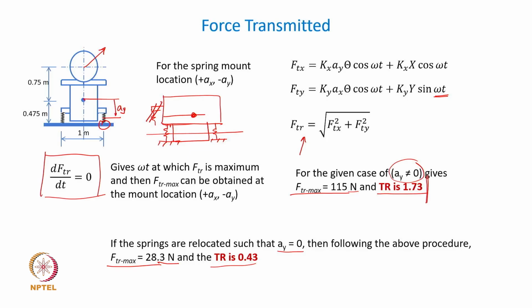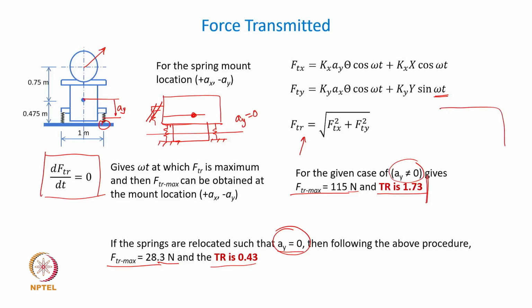Instead of holding or supporting it there, which becomes practically infeasible, you shift the CG by attaching heavy mass, and then you bring Ay equal to 0 in this case. Okay. So, mathematically this is the ideal situation. Practically you can bring it as close to 0 as possible by appropriately supporting it.